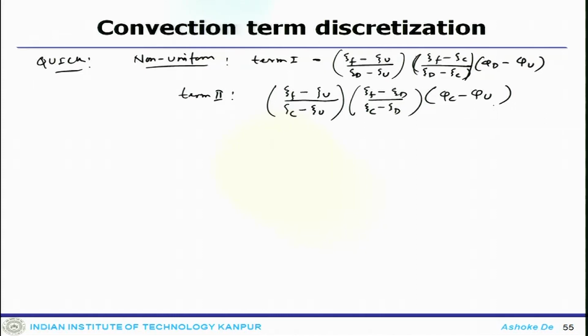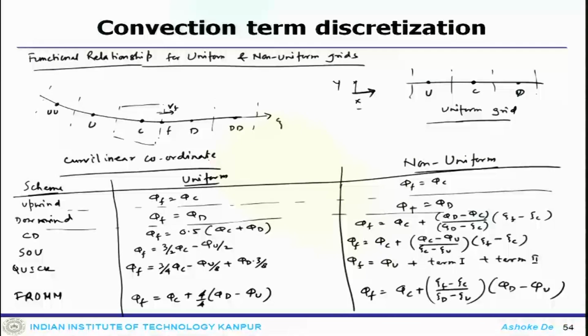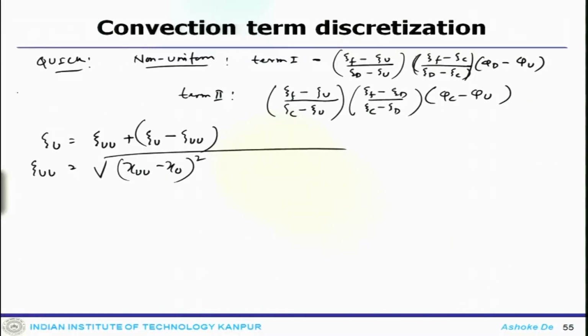Here xi u is xi uu plus xi u minus xi uu, and xi uu is nothing but x uu minus x o square, where o is somewhere the center sitting, plus y uu minus y o square plus z uu minus z o square.